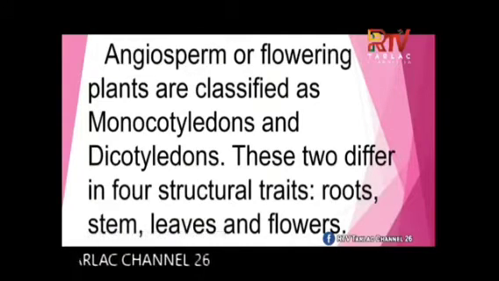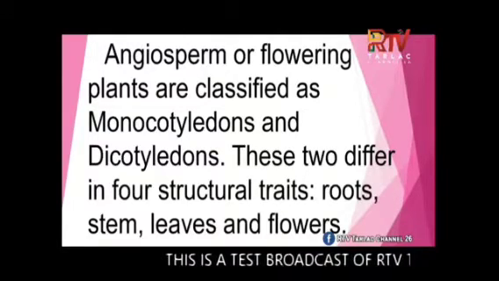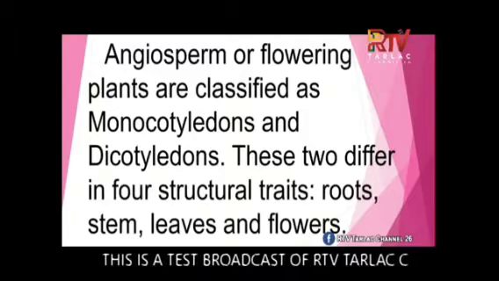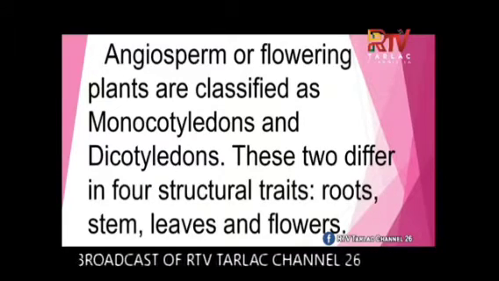Angiosperm or flowering plants are classified as monocotyledons and dicotyledons. These two differ in 4 structural traits: roots, stem, leaves, and flowers.